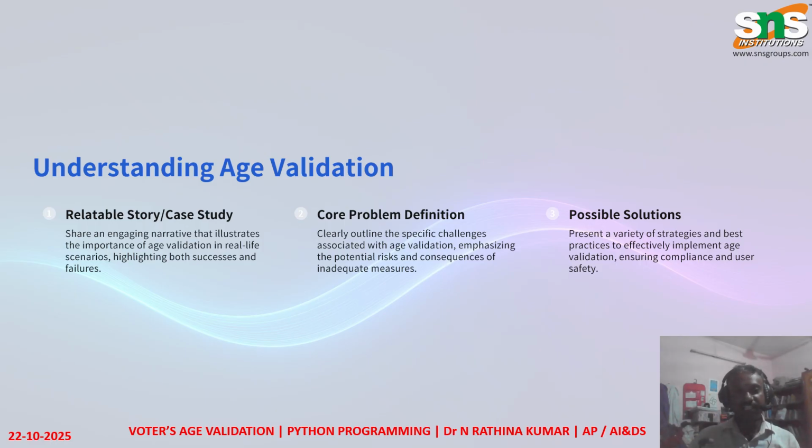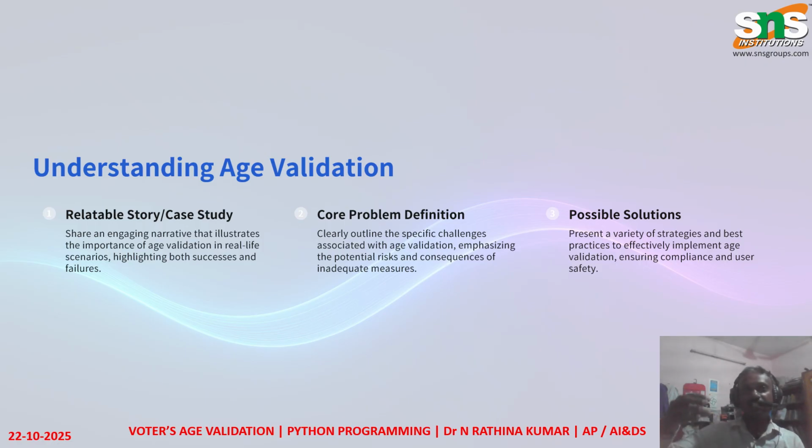First, share an engaging narrative that illustrates the importance of age validation in real life scenarios, and highlight both successes and failures. To start this session, we must understand the criteria. For example, to validate a voter's age, we get the input from the user, then handle the input, whether it is proper or not, then validate the age range.